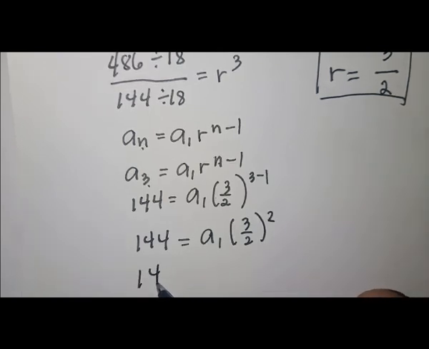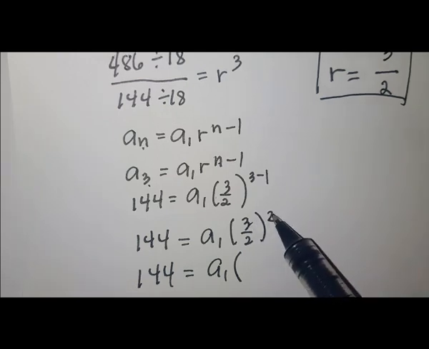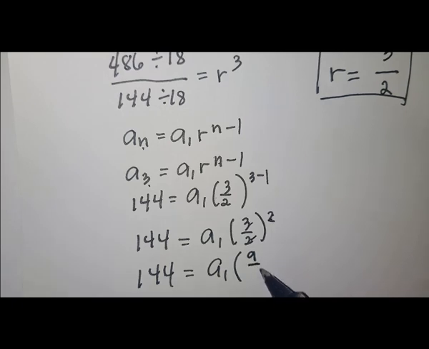So, we have 144 equals a sub 1 times. Okay. 3 squared is 9. 2 squared is, okay, we have 4.